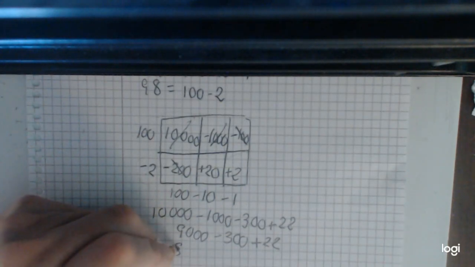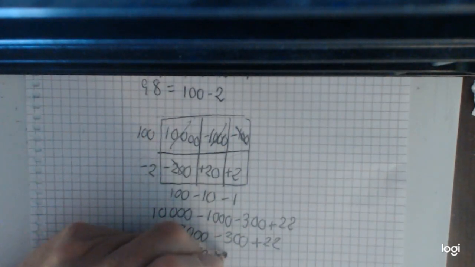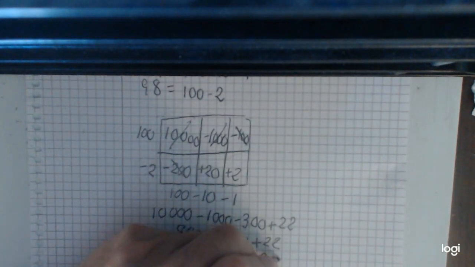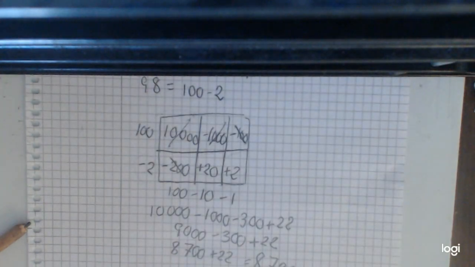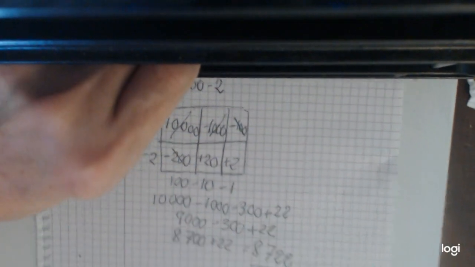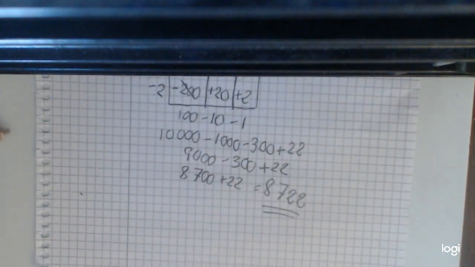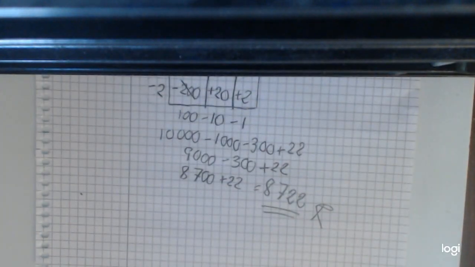Here you have 8,700 plus 22. That gives you 8,722 as a result. Let's see whether it's true or not. The question is now, is this true or not? It is the truth. This is the right answer.